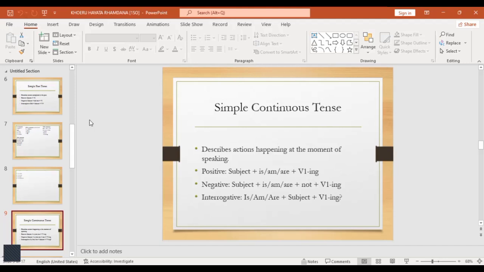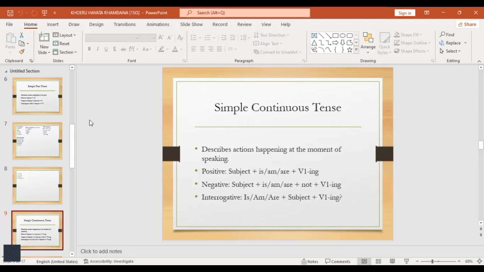Another example in the present continuous is she is reading a book at the moment. Is is used with she, and reading is the verb with -ing added.